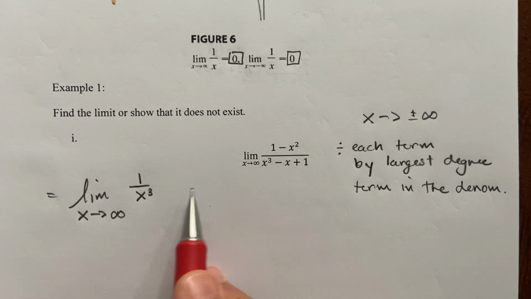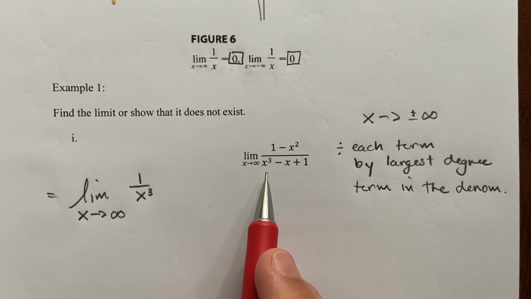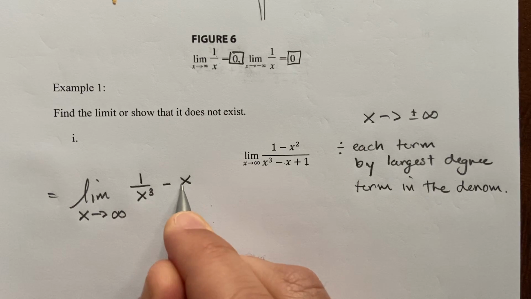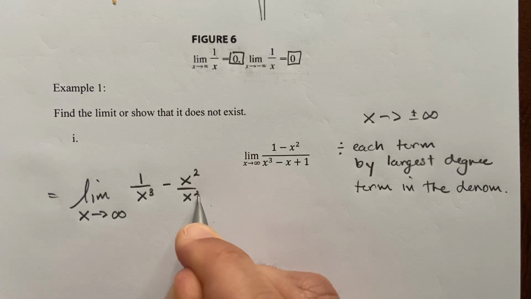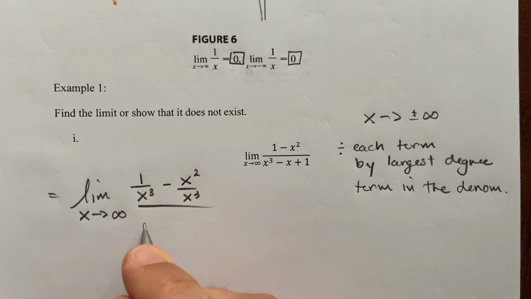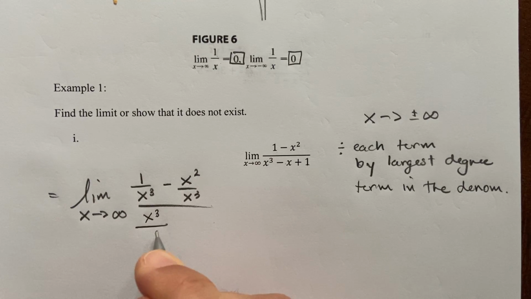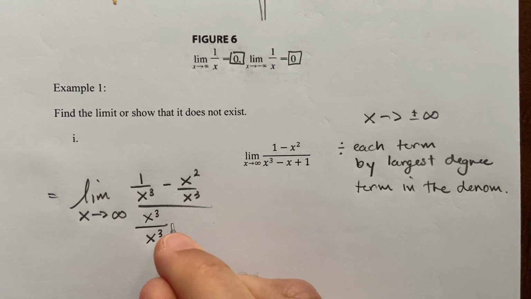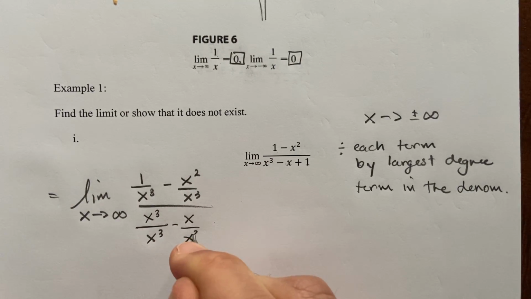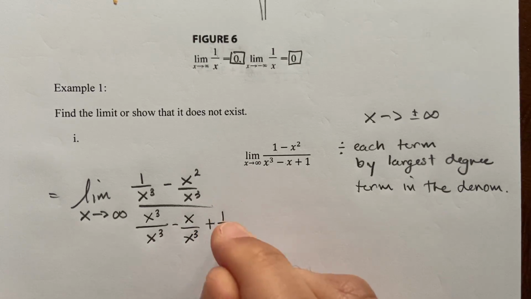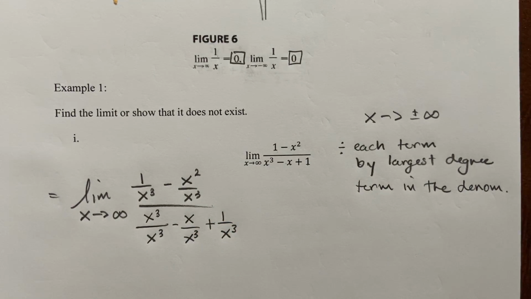I'm dividing 1 by x cubed, the largest degree term in the denominator, minus x squared over x cubed, over x cubed over x cubed, minus x over x cubed plus 1 over x cubed. And now I'll simplify this.